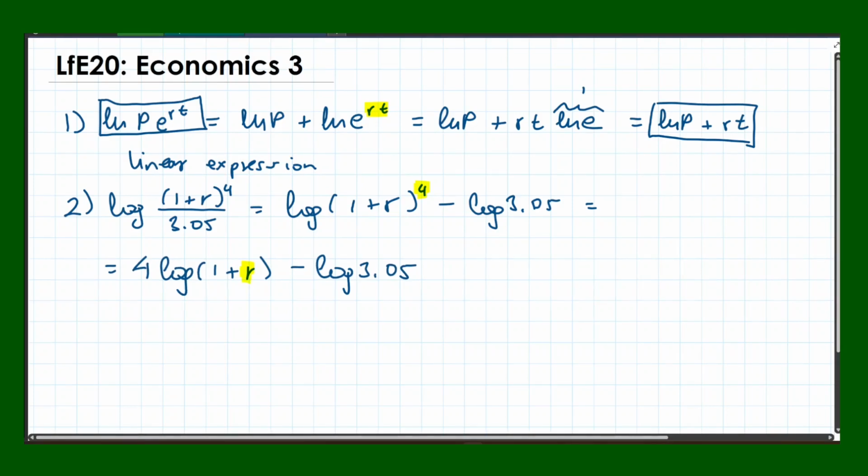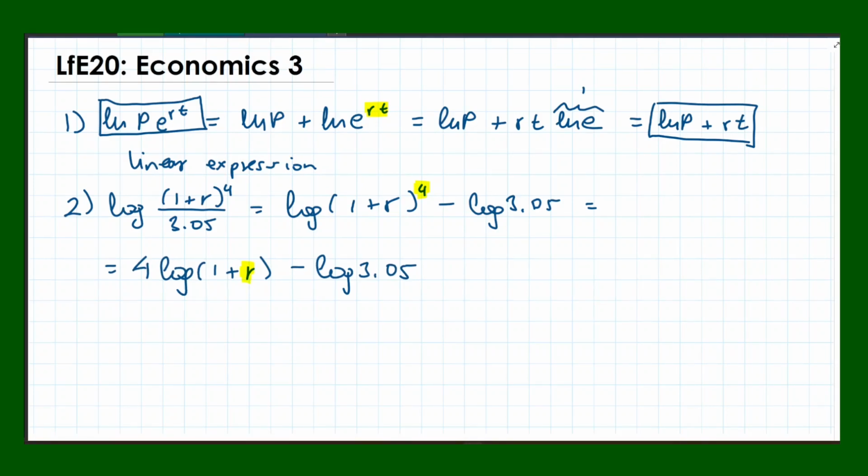Now, in this expression, r is the only variable. Now, we can't really claim that this expression is linear because the variable is behind the log sign. However, because linear functions are so much simpler to deal with than logarithmic or exponential functions, what often happens is that this log 1 plus r becomes a variable on its own. So you could name it y. And then I would end up with 4y minus log 3.05.